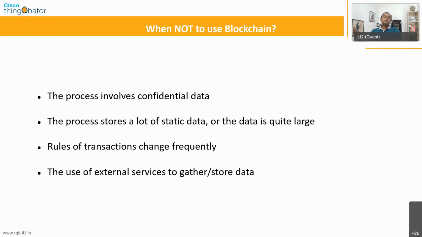And one other important thing is that the rules of transaction should not change very frequently if you are trying to implement blockchain architectures in any system. The very reason being, yesterday we spoke about something known as the Genesis block.